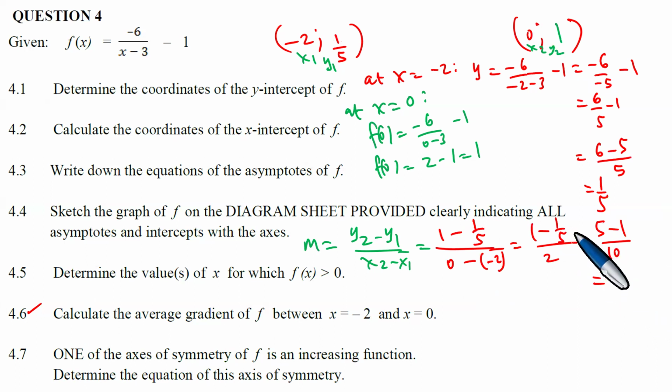You multiply the top by 5, the bottom by 5, giving us 4 out of 10. 4 out of 10 gives us 2 out of 5.